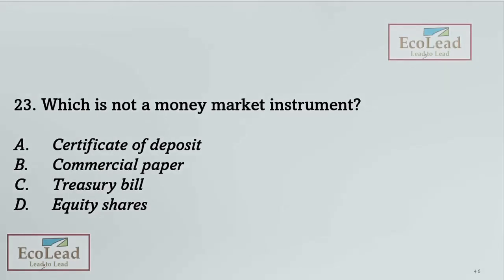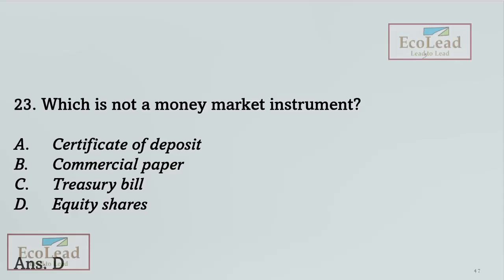Which is not a money market instrument? Options are certificate of deposit, commercial paper, treasury bill and equity shares. Here I will pause for a few seconds so that you can think about the answer. And the answer is option D. Remember, certificates of deposit, commercial papers and treasury bills all come under money market instruments.